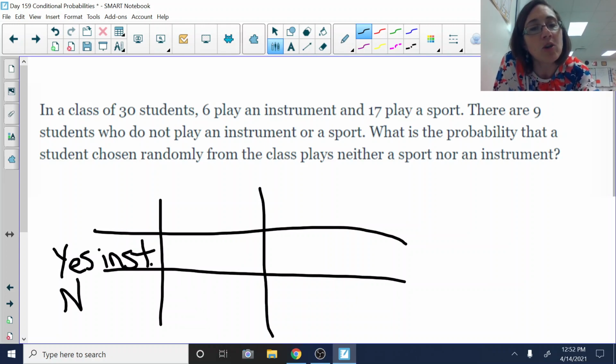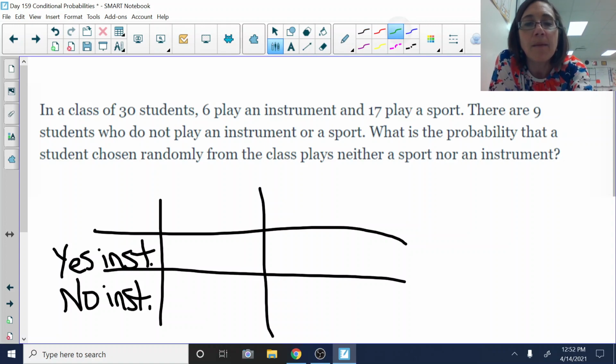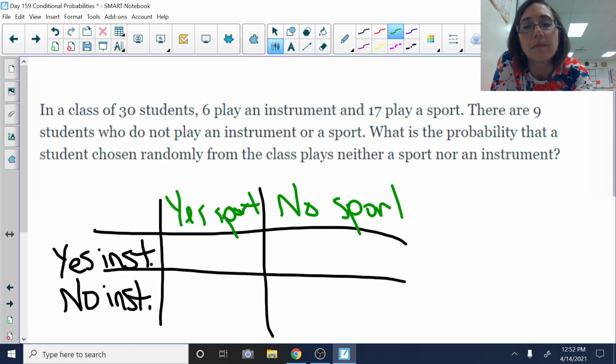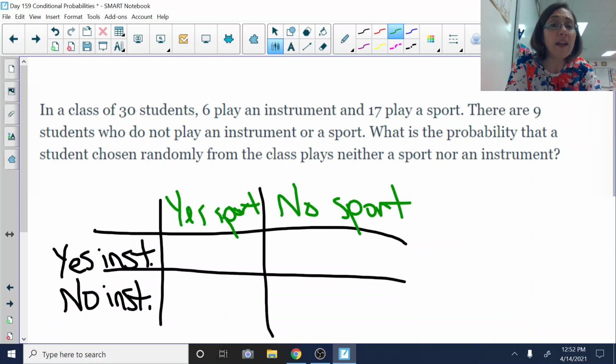And this is going to be no to the instrument question. And then we will have up here, yes, I play a sport, or no, I do not play a sport. Okay, so those are the framing categories that we can have here.